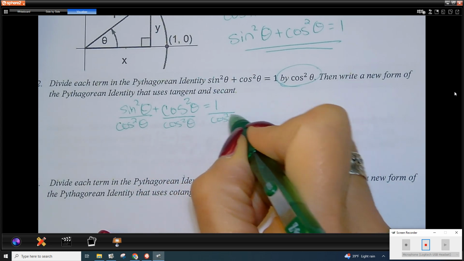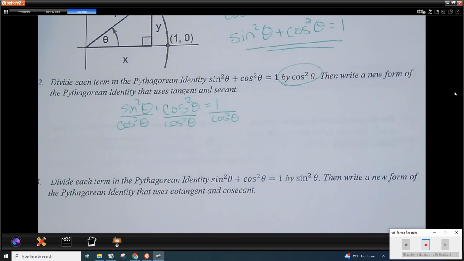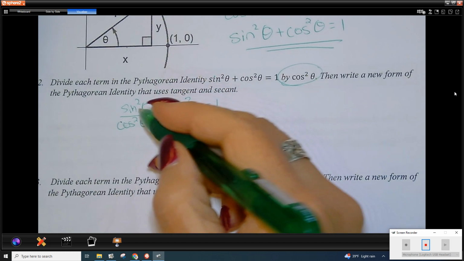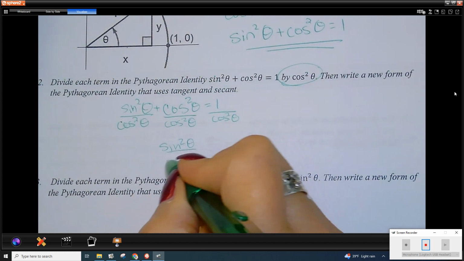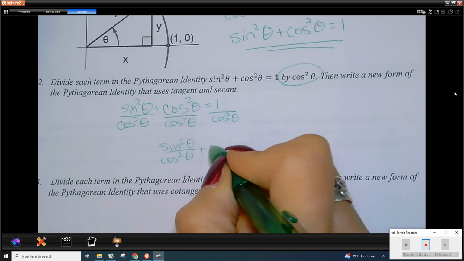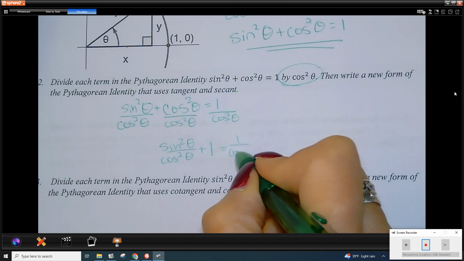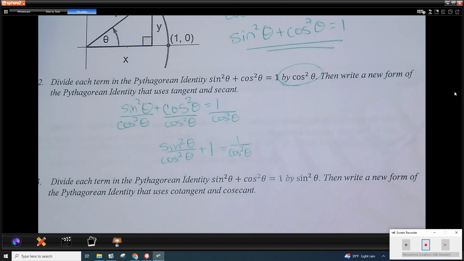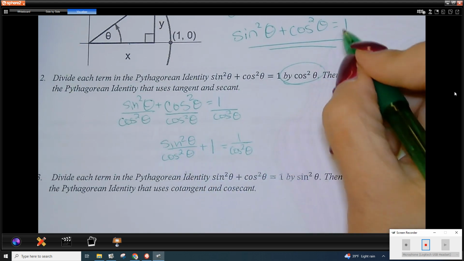Since it's an equation, we have to do the same thing to both sides. So I get sine squared theta over cosine squared theta plus, this is the 1, equals 1 over cosine squared theta.